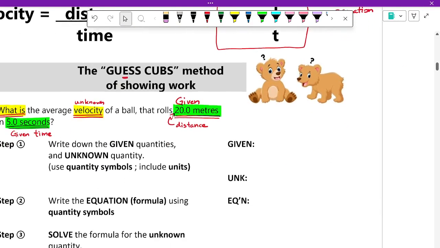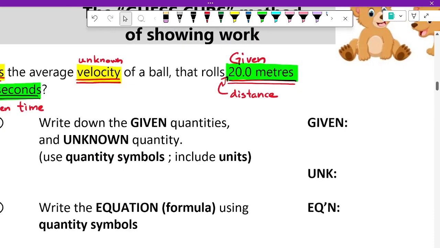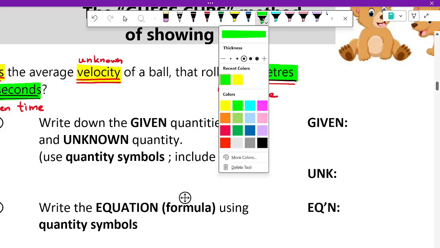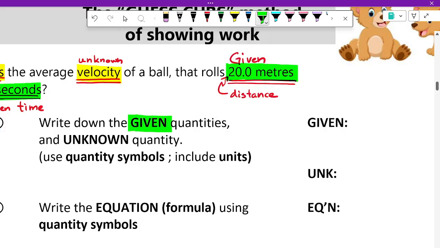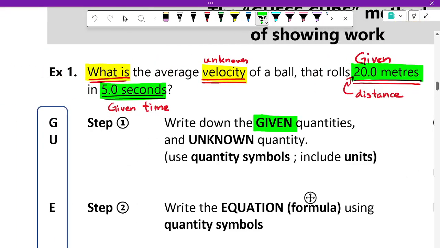Okay? What we are going to do is write down the given quantities. That's what the G stands for in GUESS CUBS. We're going to write down the given quantities, and there is a specific way we will write it down. We don't just write down 20 meters.